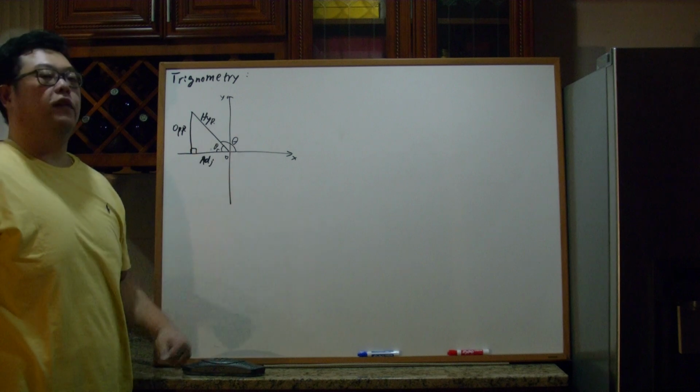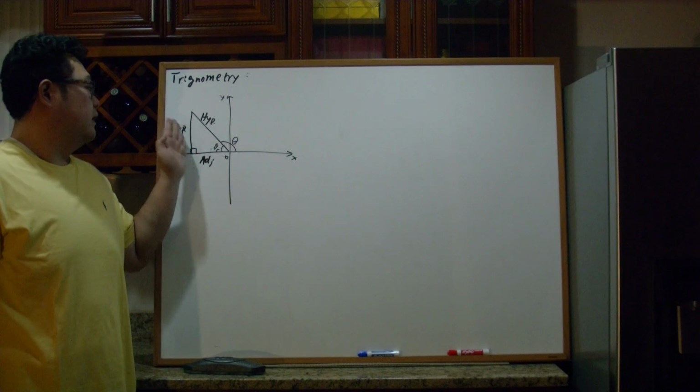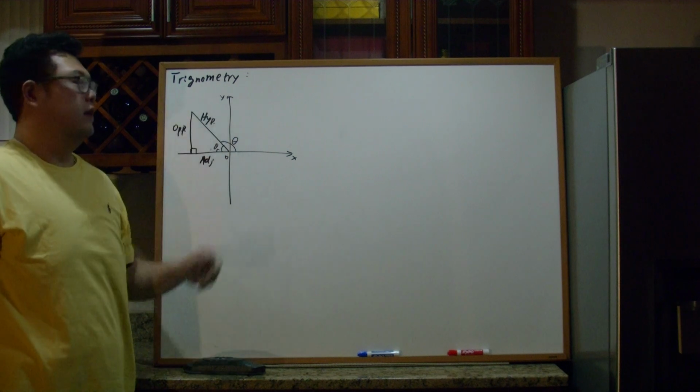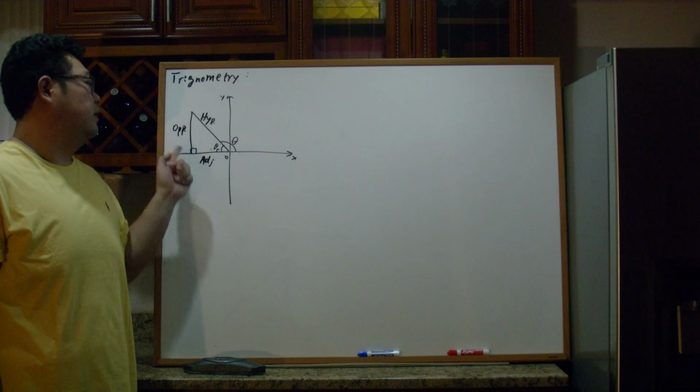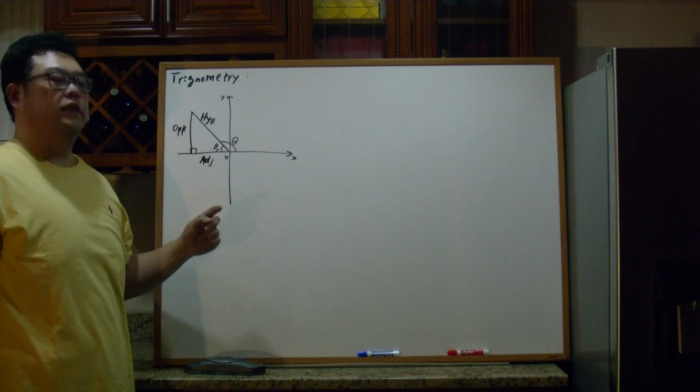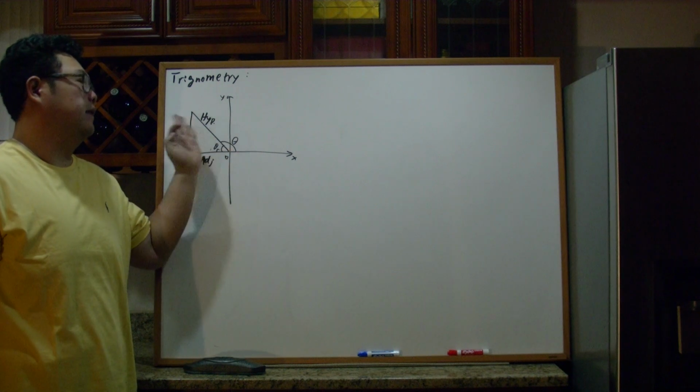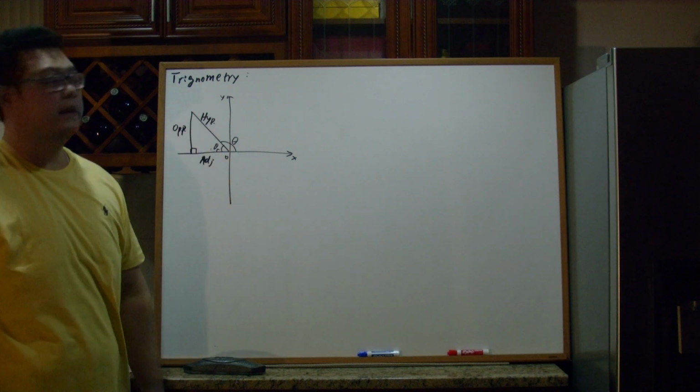The true angle is theta, but we have a right triangle formed by the reference angle, and the opposite side, adjacent side, and hypotenuse have the same values as for the original theta.